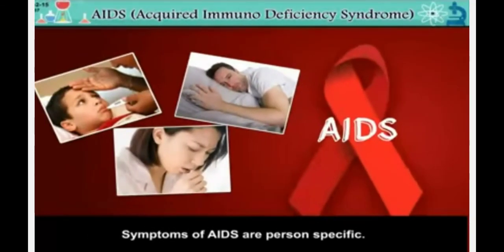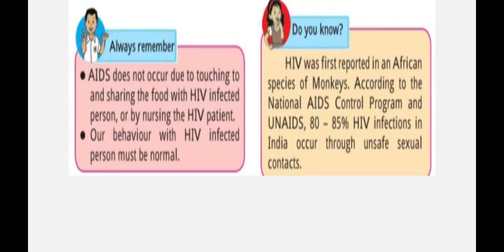Symptoms of AIDS are person specific. Now, do you know this? AIDS does not occur due to touching or sharing food with an HIV affected person or by nursing HIV patients. Our behavior with an HIV infected person must be normal.